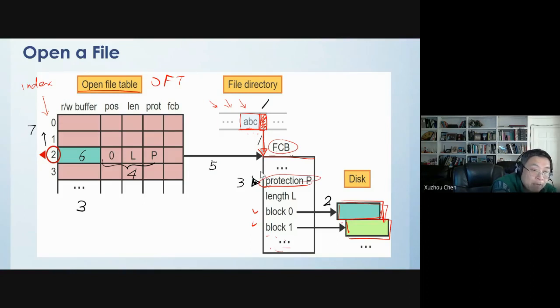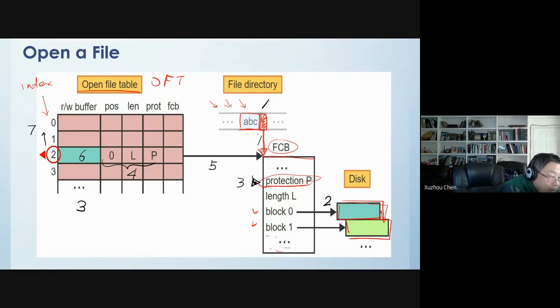If that check passes, then the file system verifies the process has the necessary access rights and finds free space. Then the file system allocates a free OFT entry.